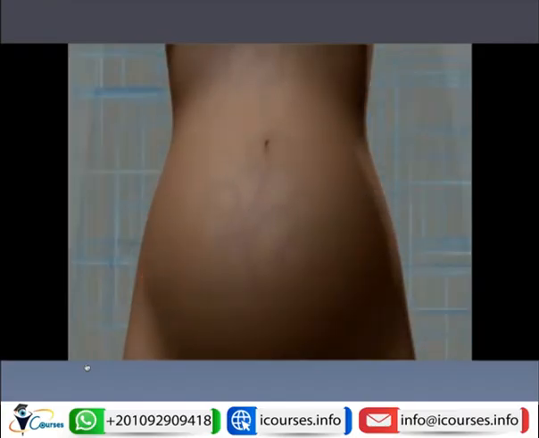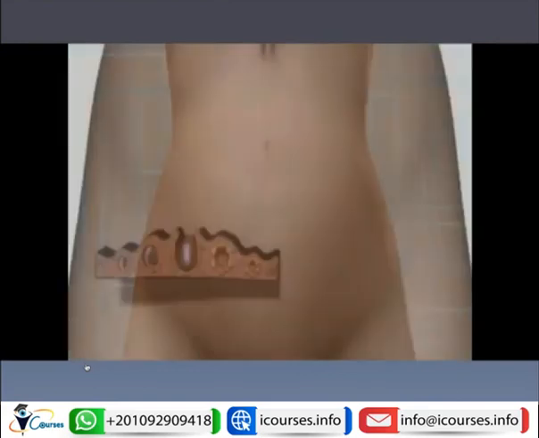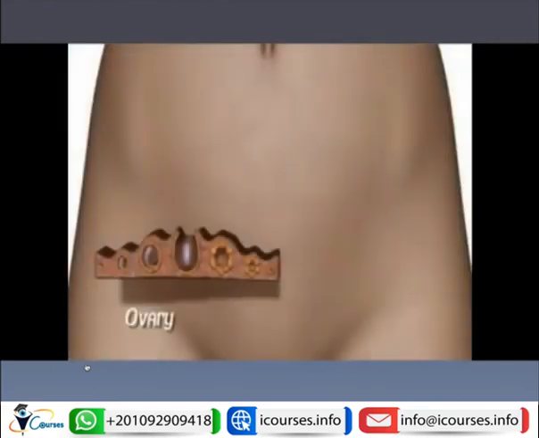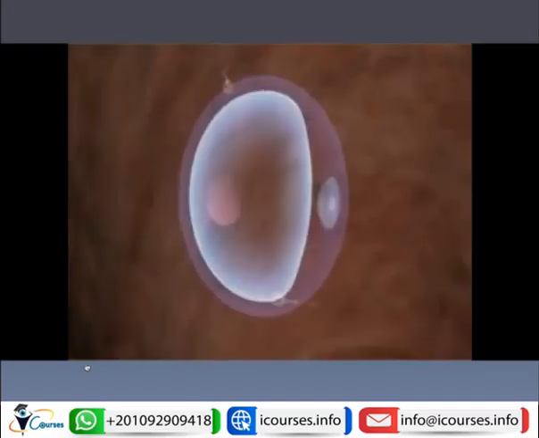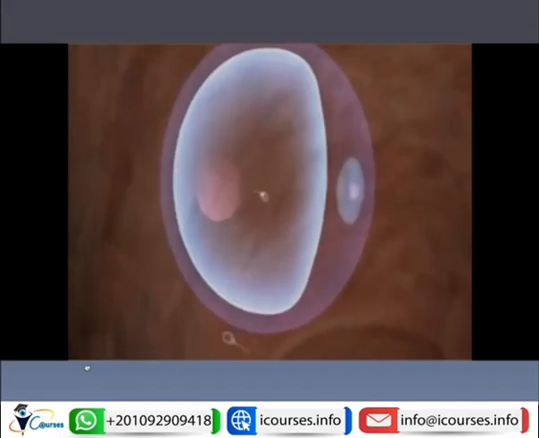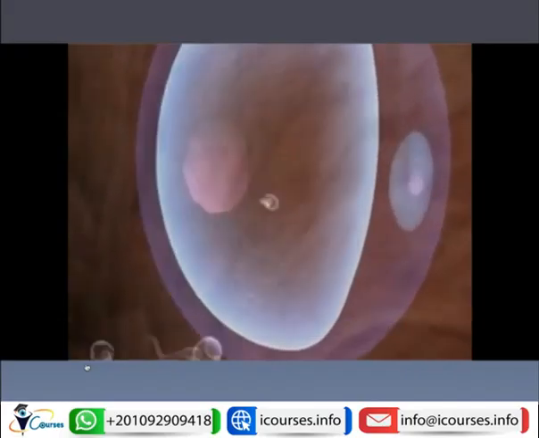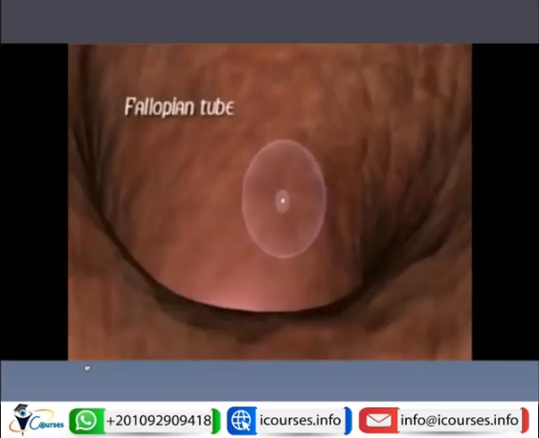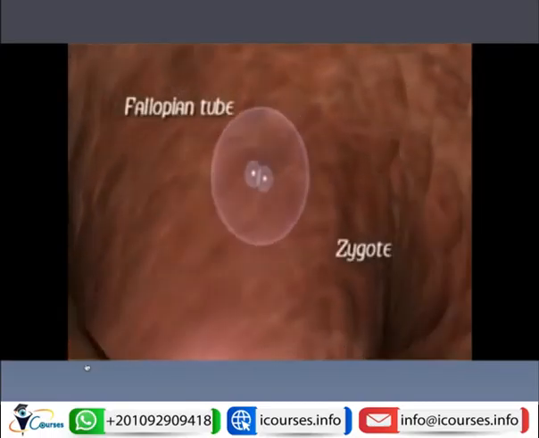The origin of tissues begins with fertilization of the newly appearing ovum from the adjacent ovaries. Fertilization then takes place in the distal part of the uterine tube when the sperm contacts the egg. The fertilized egg then grows and is termed the zygote.